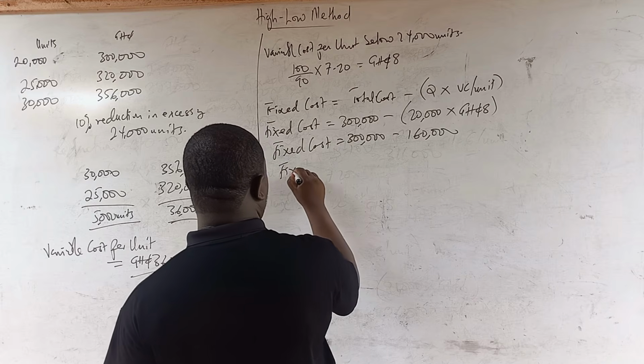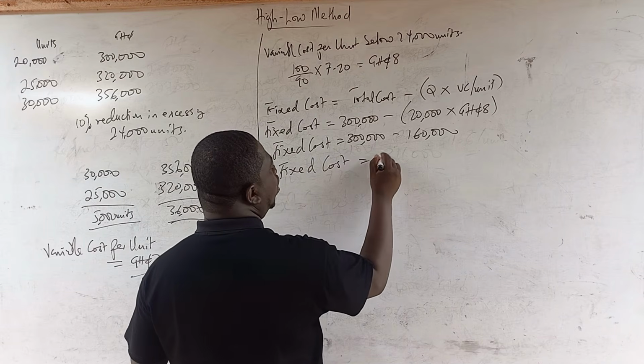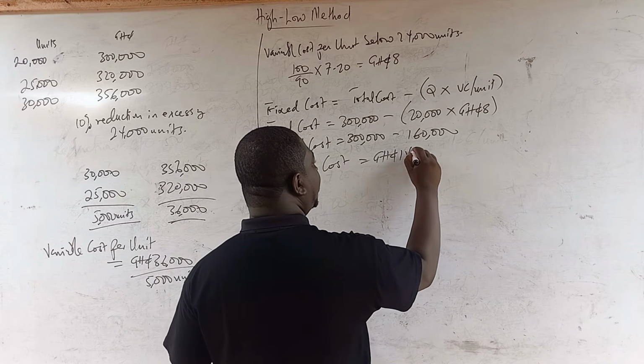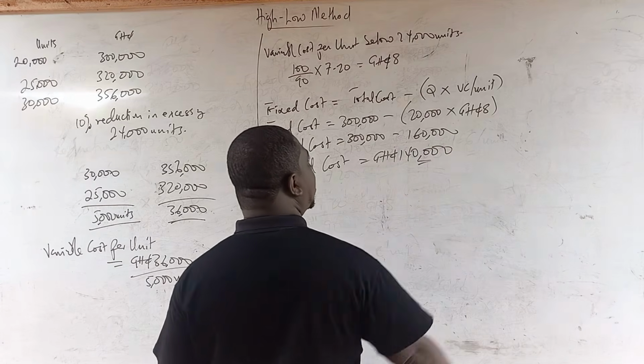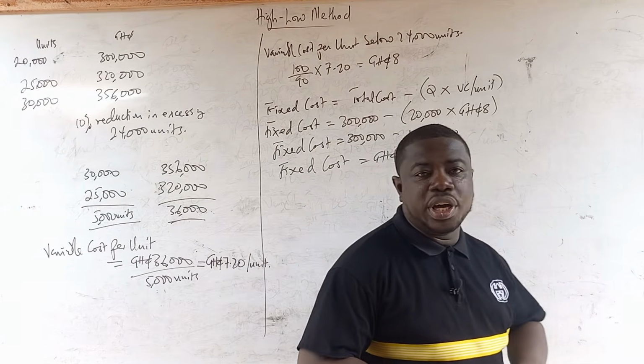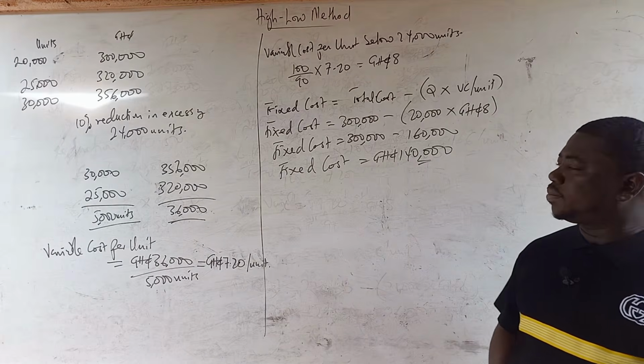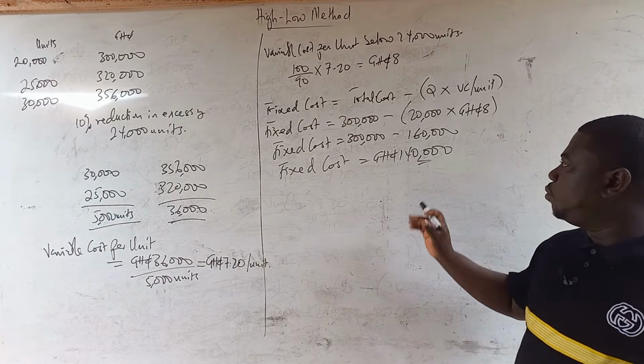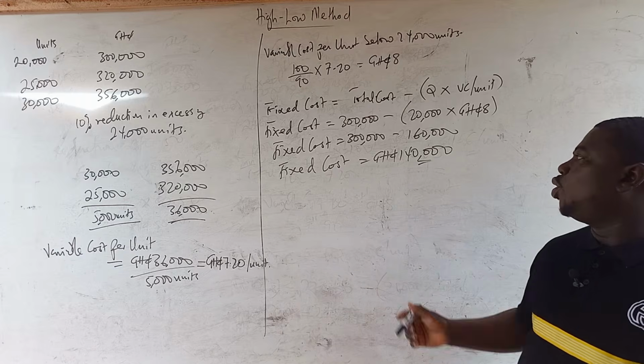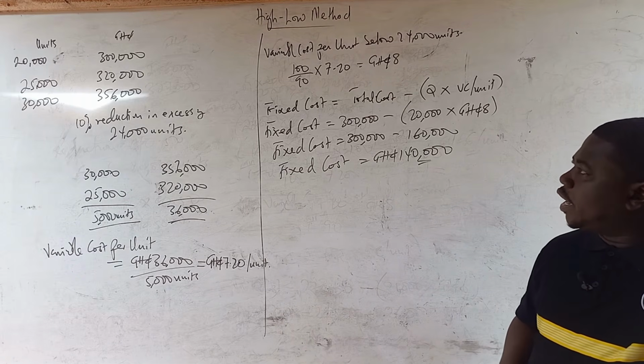And so fixed cost will now be 140,000 Ghana cedis. This is how you estimate your fixed cost. Having been able to estimate the fixed cost, bingo, we can now straight away find our estimations.